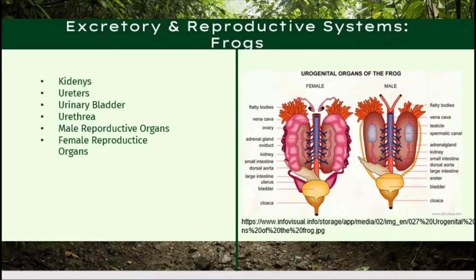So the male reproductive system has the testes, which deliver sperm into Bidder's canal running through the kidney, and then the sperm exits from the testes through the ureter, and then it delivers the sperm to the cloaca.